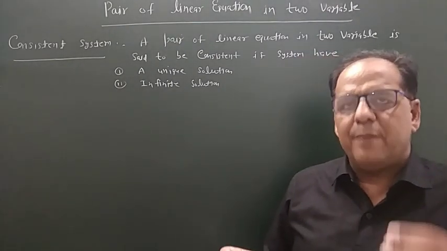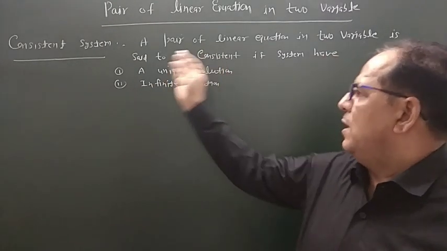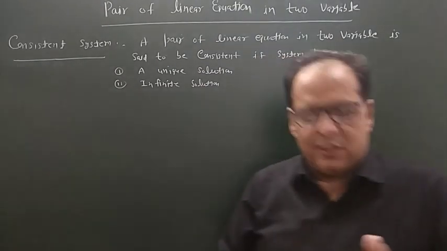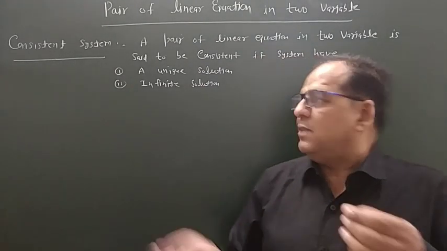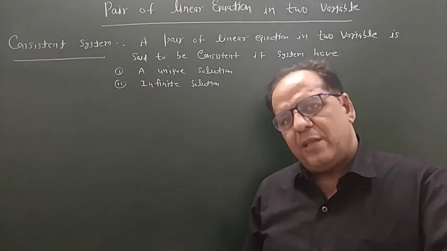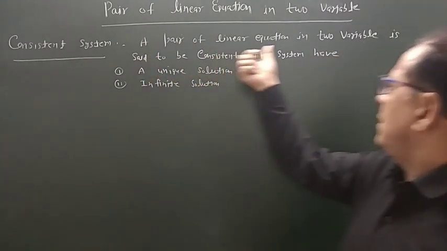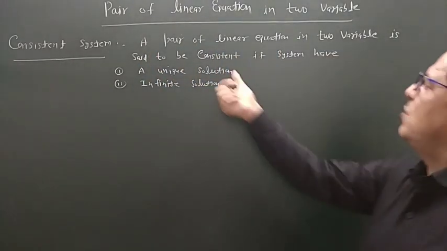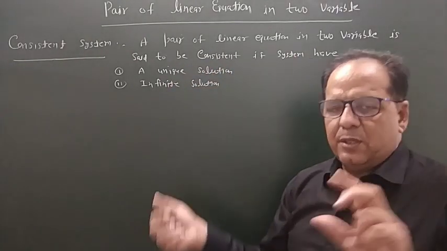The pair of equations is called the system. A single equation is called a linear equation in one variable, but the pair of linear equations in two variables is known as the system. So a pair of linear equations in two variables is said to be consistent if the system has a unique solution.